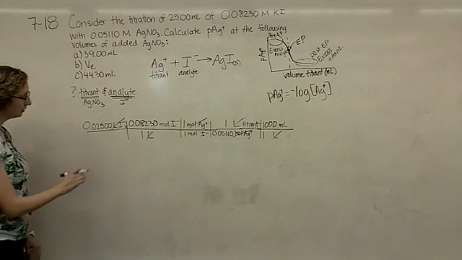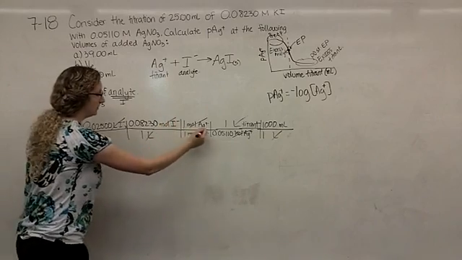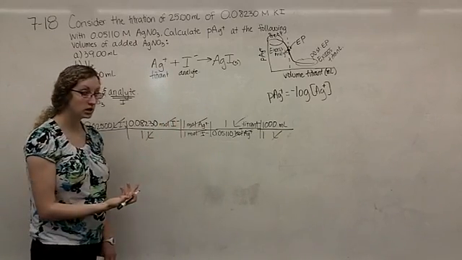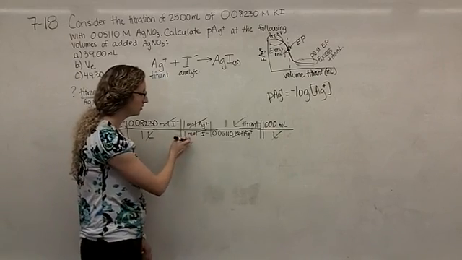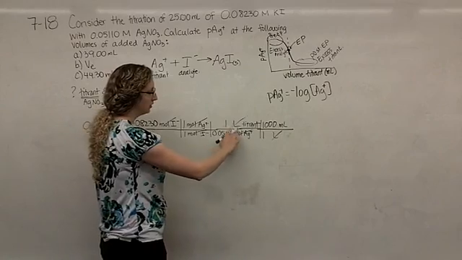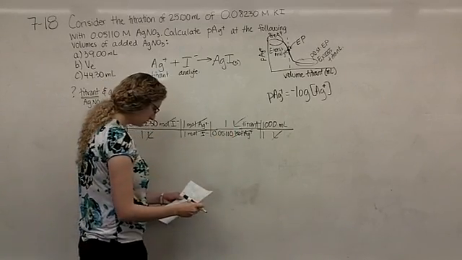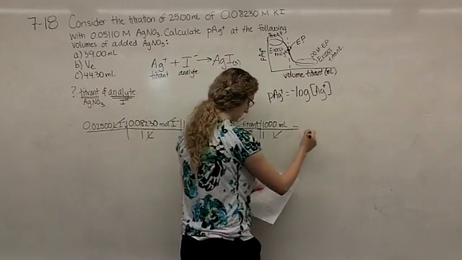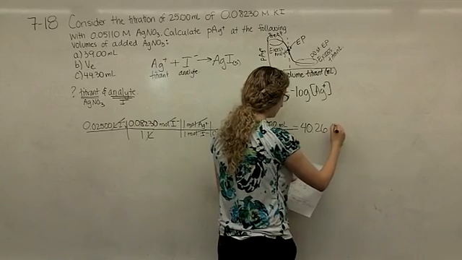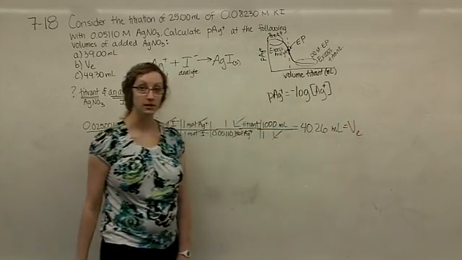So we have our volume times our concentration of our analyte solution. Then we look at the molar ratio, so 1-to-1, so we don't have to worry about this, and we divide by the concentration of our silver or our titrant solution. So then the number of milliliters that you should get is 40.26 milliliters, and this is equal to V sub E.